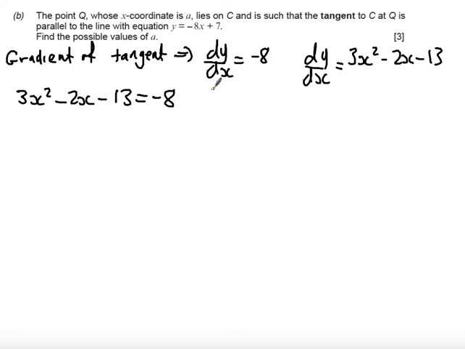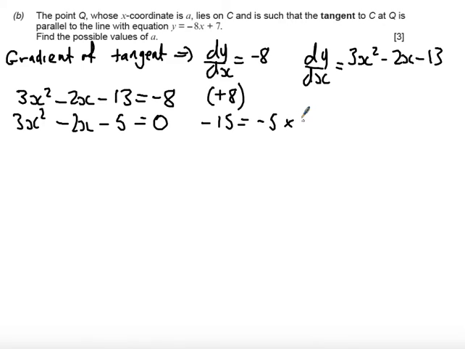So this is now just a quadratic to solve. So I'm going to do that by adding 8 to both sides. So I get 3x squared minus 2x minus 5 equal to 0. So now I want to factorise this. 3 times minus 5 will give me minus 15. Factors of minus 15 that will give me minus 2 would be minus 5 times positive 3.